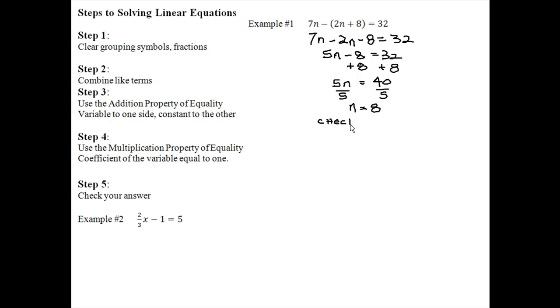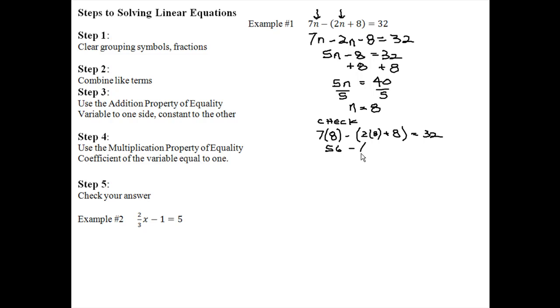And the way you check is you plug 8 in for n. So you're going to plug an 8 in for that n and an 8 in for that n. So that leaves us 7 times 8 minus parentheses 2 times 8 plus 8. And that's supposed to equal 32. Does it? Well, let's see.